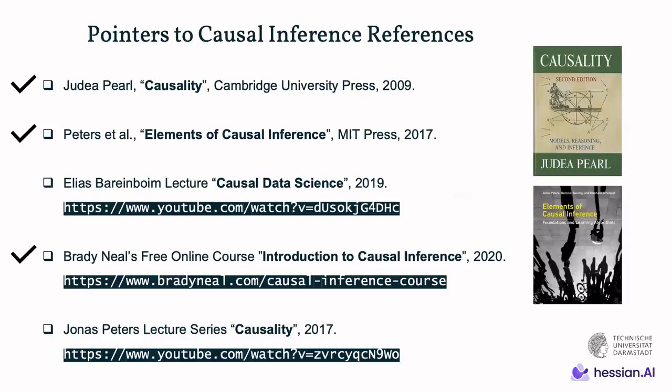So there are two books. This is the Bible of causality. It is not only AI related, but general causality, by Judea Pearl. This is Elements of Causal Inference, which is more towards machine learning and causality. And then there are these three lectures that you can look at.